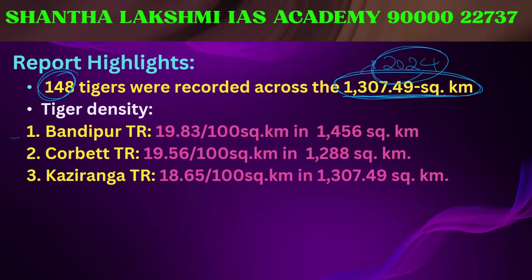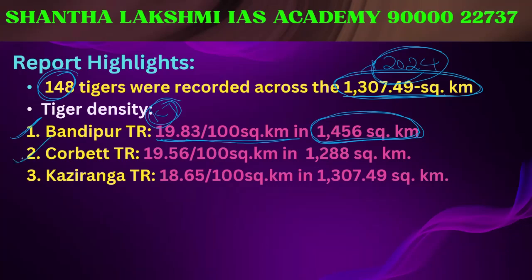See, the first in tiger density is the Bandipur Tiger Reserve of Karnataka. It has 19.83 tigers per 100 square kilometers in the total area of 1456 square kilometers. So the Bandipur Tiger Reserve is the reserve with the highest tiger density.